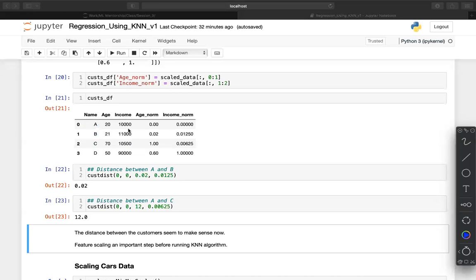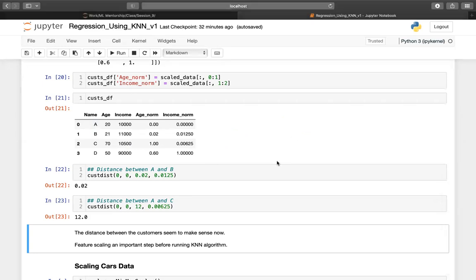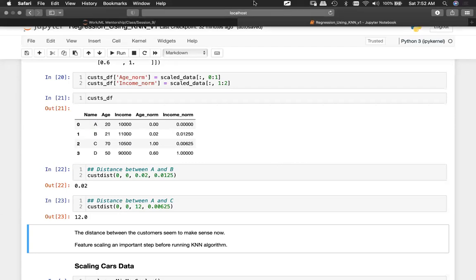So this is very important: we scale the data and bring all the features into one single scale before we compute the distance, because the distance gives us the right neighbors from which we can predict the outcome.